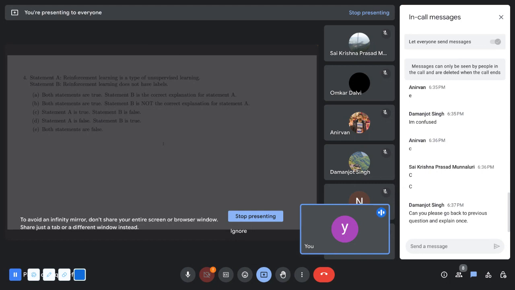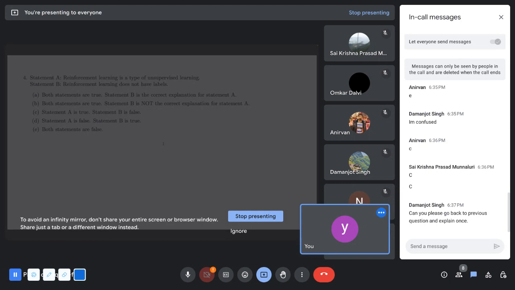This question is asking, is RL an unsupervised learning? And statement B says RL doesn't have labels. The first answer is wrong because it's not unsupervised learning, it's a different learning paradigm.